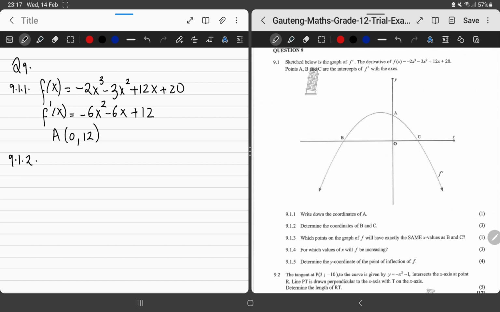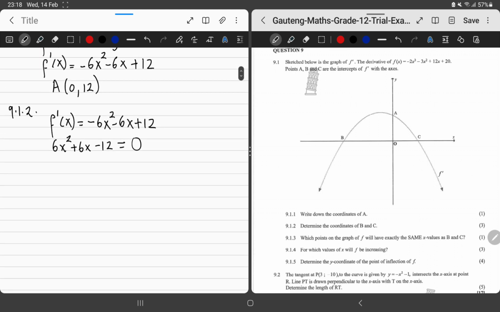9.1.2. Determine the coordinates of B and C. B and C are the x-intercepts of the derivative of f. The derivative of f is -6x^2 - 6x + 12. For the x-intercept, we let y be equal to 0. We'll be left with 6x^2 + 6x - 12 = 0. And then I'm just going to divide everything by 6.